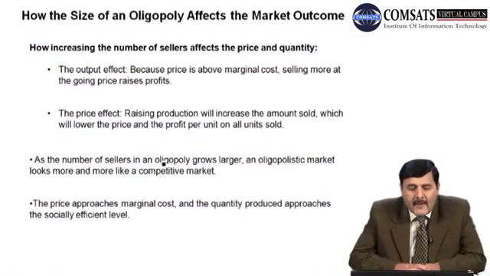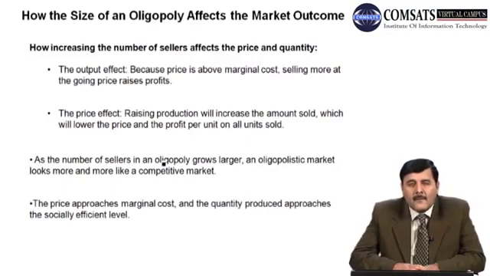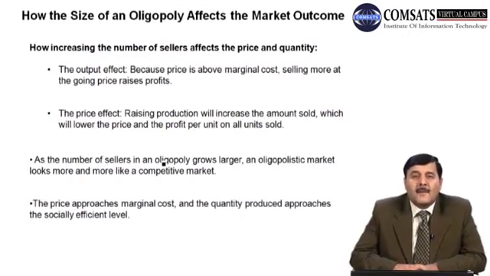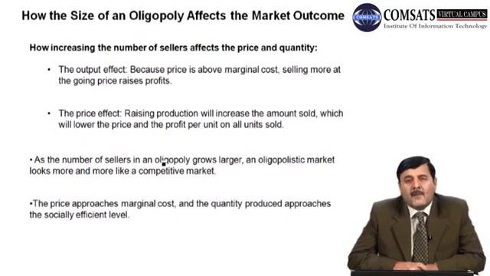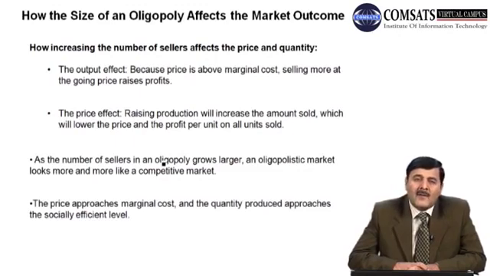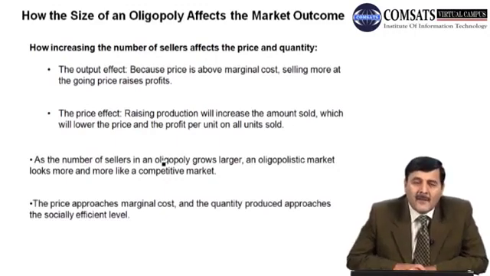Now, how does the size of an oligopoly affect the market outcome? How does increasing the number of sellers affect the price and quantity? अगर जैसा कि हमने अभी बात की, so far we have taken the example of a duopoly, and duopoly is a form of an oligopoly market structure, जिसमें हमने बात की कि when there are two firms in the industry, how they interact, how they decide the price of the product.